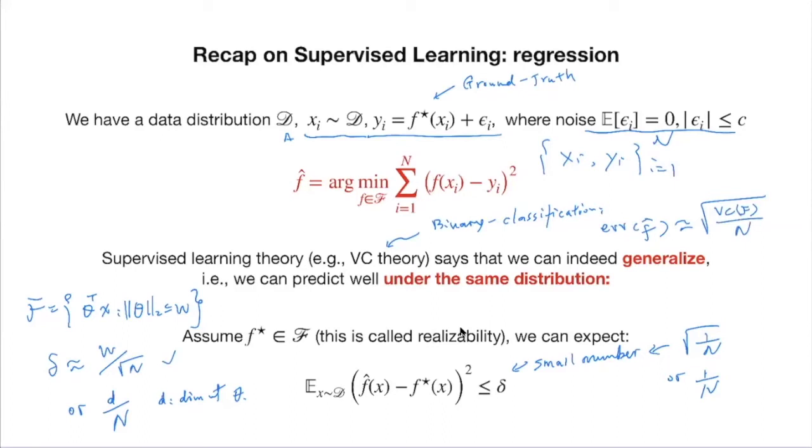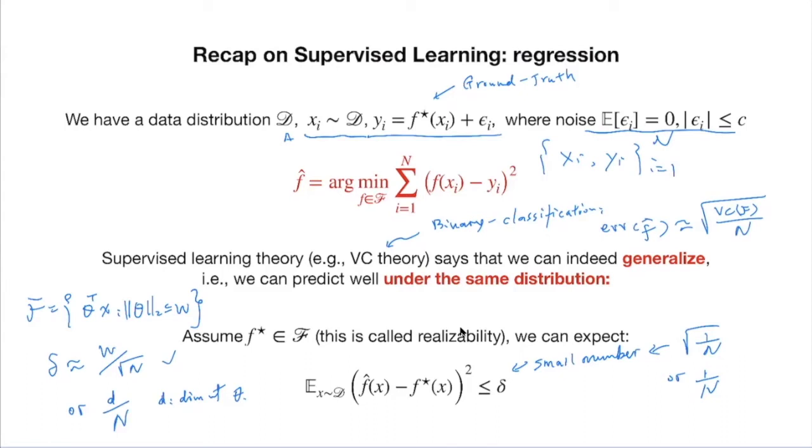Right, so if you remember VC, that's great. If you don't remember VC, just think about this as all the possible labels that you could get on a given data set. I give you a data set, you apply every function in function class F, and you get a labeling.